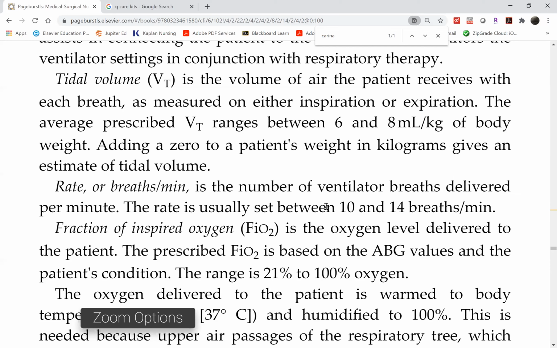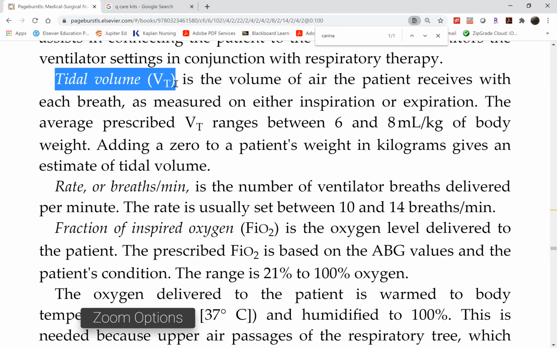So they're kind of adding these breaths plus the patient's breath, so that way we don't have hyperventilation. Does that make sense? Because they assume that the patient will be breathing as well. I'll explain that 2 weeks from now when we get to the modes. So we'll just stay with the settings tonight.